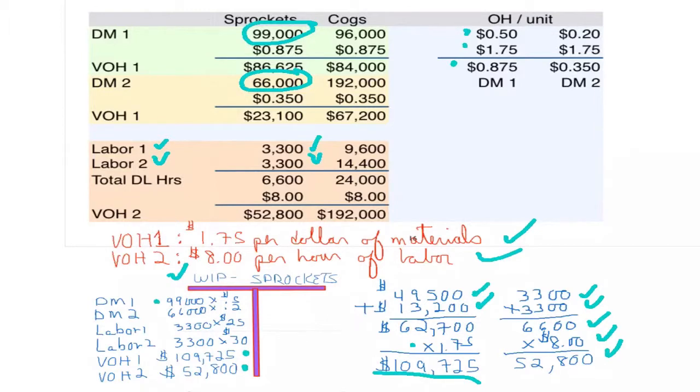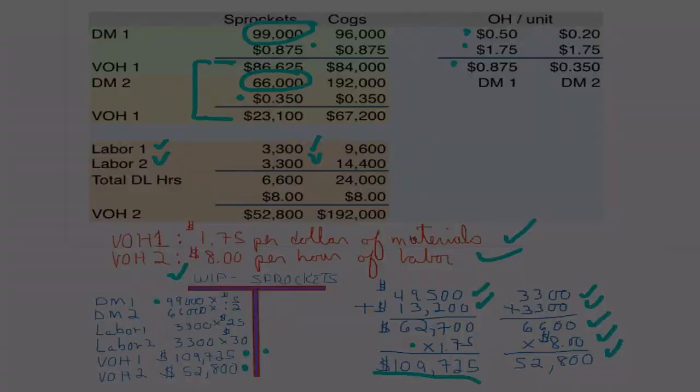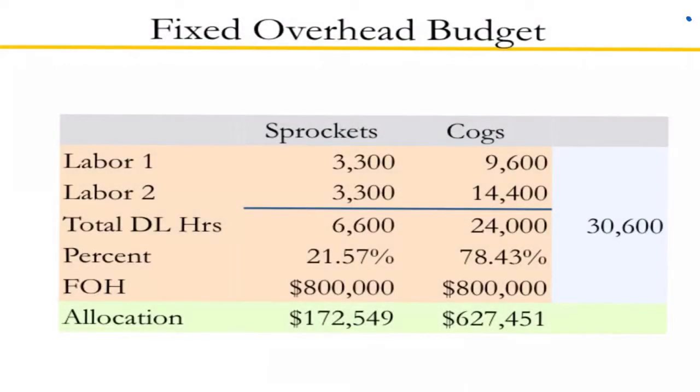I could then multiply the 99,000 times the 0.875 and come up with 86,625. Different factor of 0.35 for material 2. Notice that if I add these two numbers together, I'm still going to end up back at $109,725.